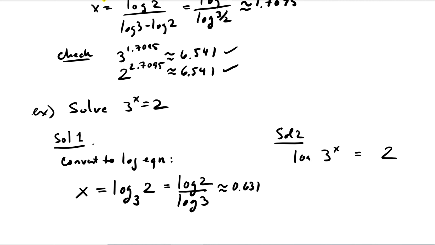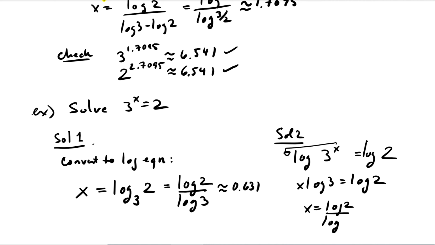So what you do is just take log on both sides, and again, taking logs will allow you to bring the exponent in front of the log, converting the logarithmic equation into a linear equation, and then you just solve for x. So of course we get exactly the same thing we had before. So this is solution number 2.